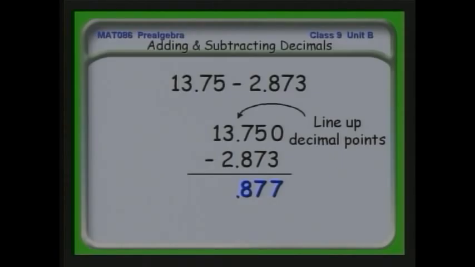I've now borrowed 1. I need to hit the 3, so 2 minus 2 is 0. And finally, I have 1. I've done this exactly the way I've done a regular subtraction, except that, again, like I've done with addition, I've lined up the decimal points and I've done it as I would an ordinary subtraction.